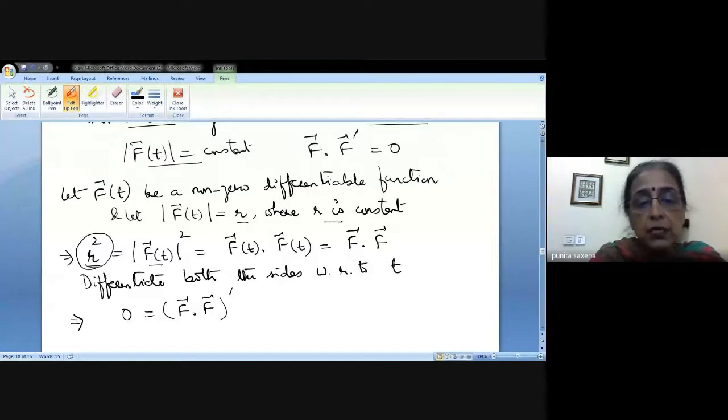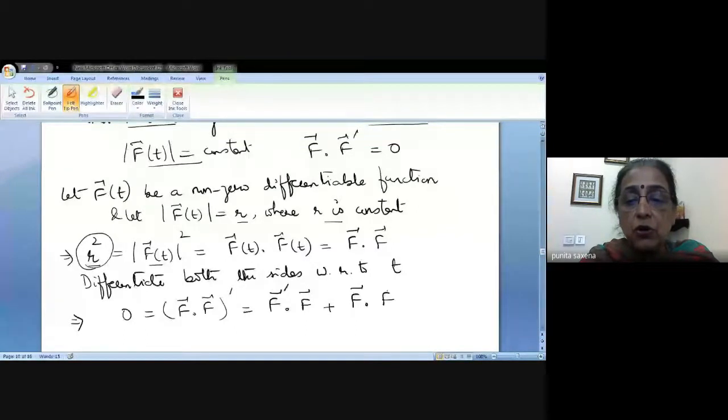A few minutes back, I explained that the derivative of a dot product is the derivative of the first dot the second, plus the first dot the derivative of the second, because vector functions follow the product rule of derivatives.